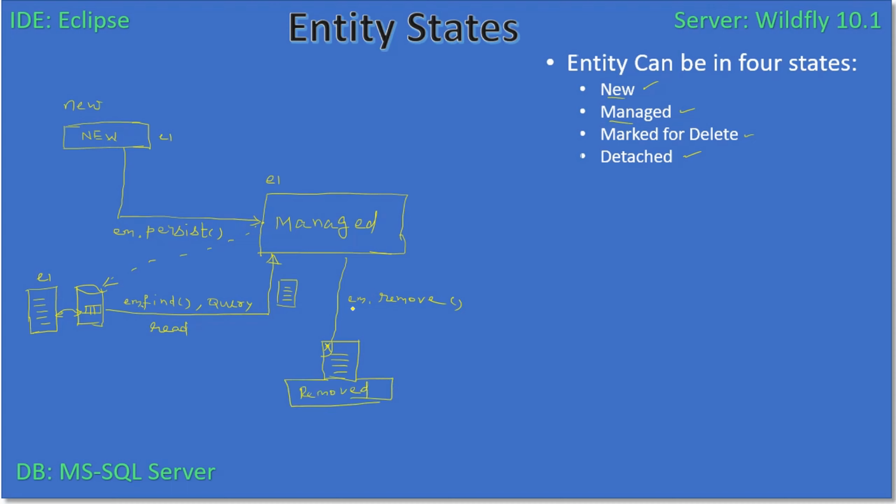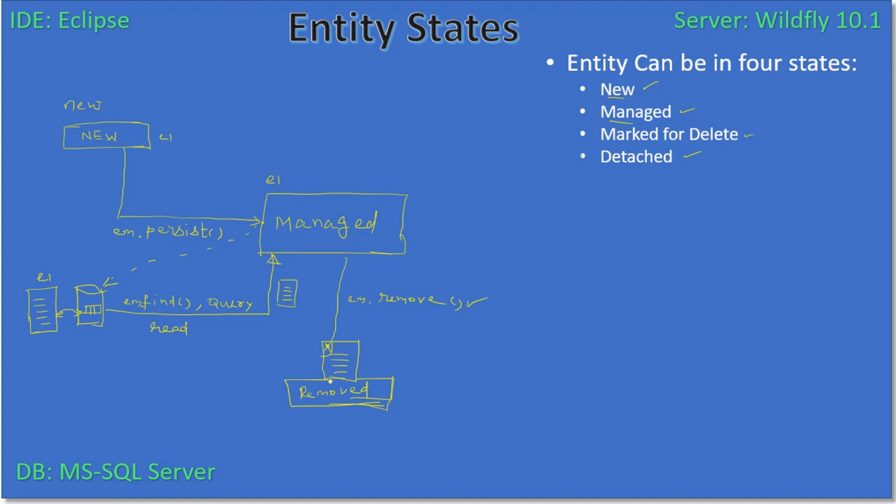Here, if you see, we can make a call to entityManager.remove. That means the state will be in the removed state. Removed state in the sense the state change will be from managed to removed. Once we have an entity in hand, and if it is managed, that means linked to a specific record, we can issue entityManager.remove.